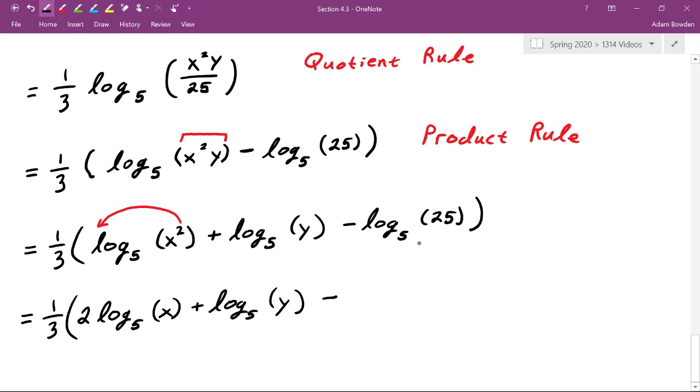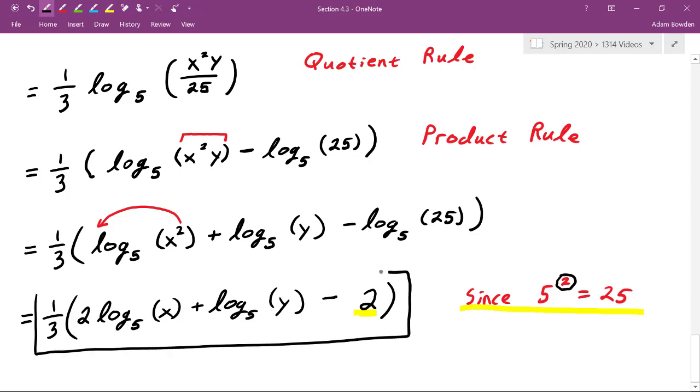Indeed, we know the power that goes with 5 to get to 25. That's 5 squared, so that would change into just a 2. You might make note that's because 5 to the second is 25. That's why we're getting the 2 here. We just need to know the power for the 5. So fully expanded, this would be what we would get from the first logarithm that we started with.